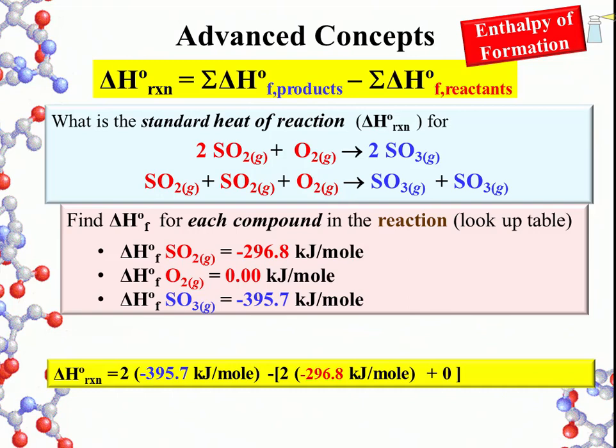Doing the equation in parts is a good idea. If the math is done correctly, a standard heat of reaction is gotten as negative 197.8 kilojoules per mole. Is this reaction exo or endothermic? The change in enthalpy is negative, and that means exothermic.